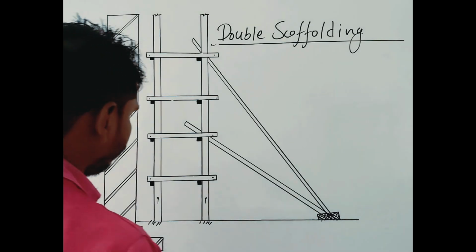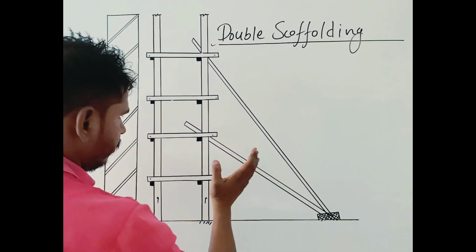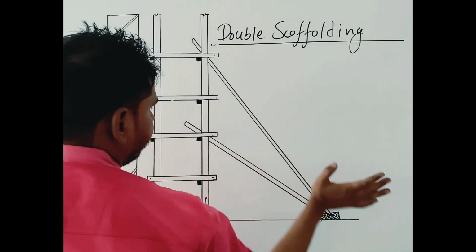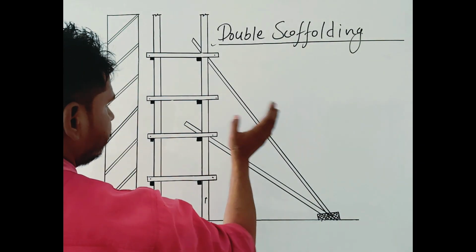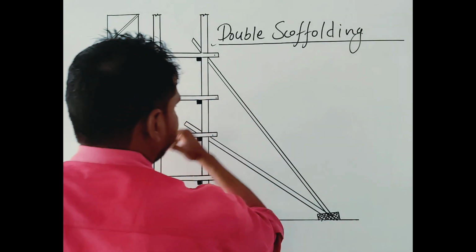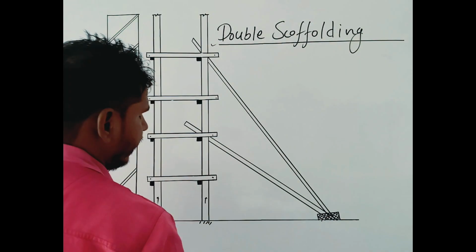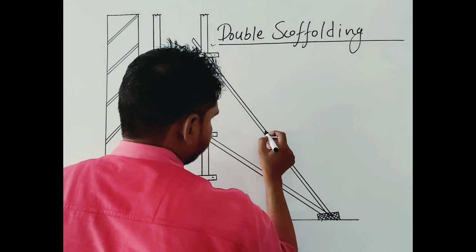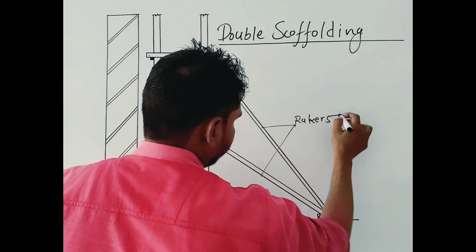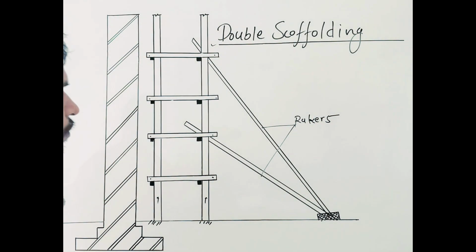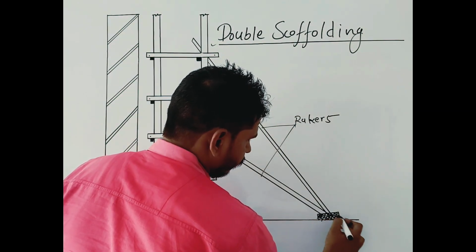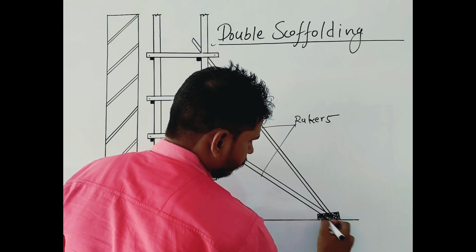In double scaffolding, for giving lateral stability, you can see one side is wall but the other side is nothing. So we can give support in the lateral direction by providing rackers. What is this? This is our rackers. One end of the rackers stays on the ground, on a very rigid foundation that does not settle. The other end stays tightly in the scaffolding.